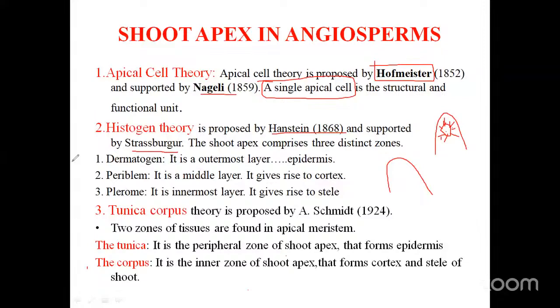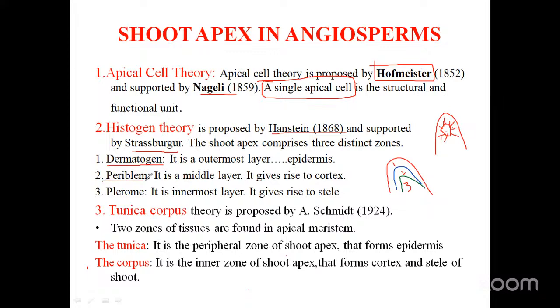Let me change color. One, two, three. These three groups of cells are there. The first is dermatogen, as given here, the first layer, this one.